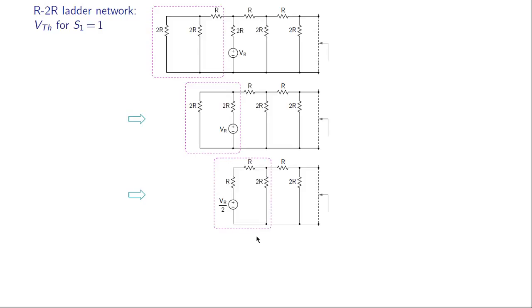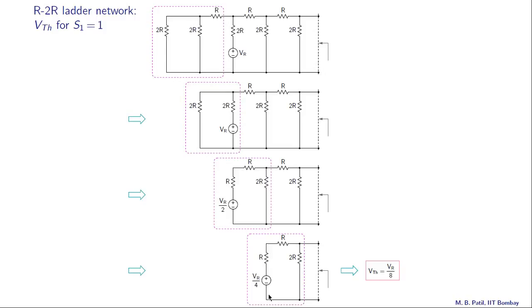We can now combine these components and get RTH equal to R again and VTH equal to half of this, that is VR by 4. And then finally we combine these to get RTH equal to R and VTH equal to VR by 8. So that is our final answer. As seen from this port, VTH is VR by 8.